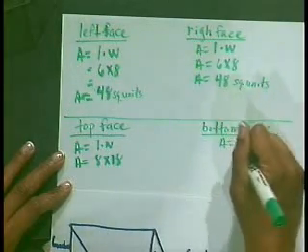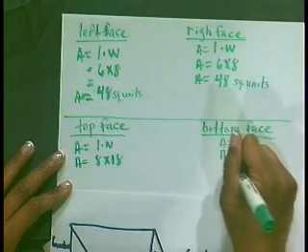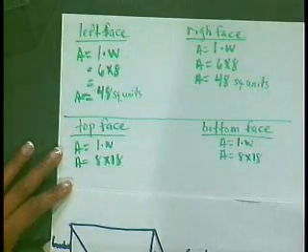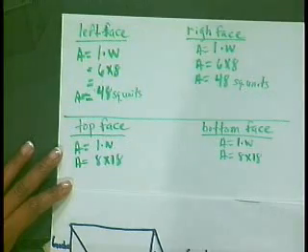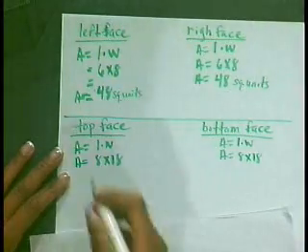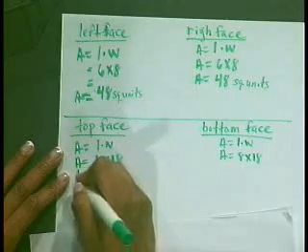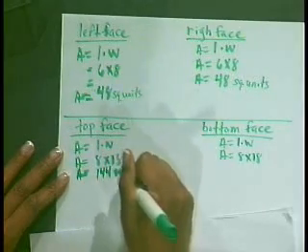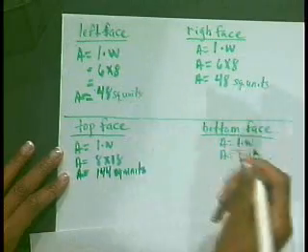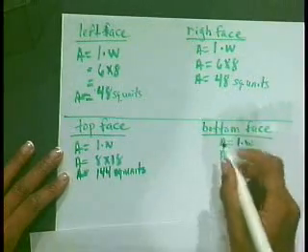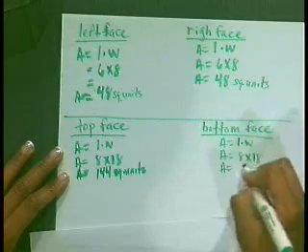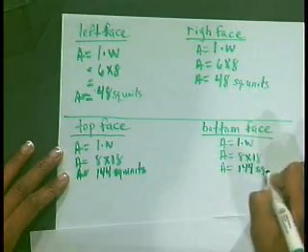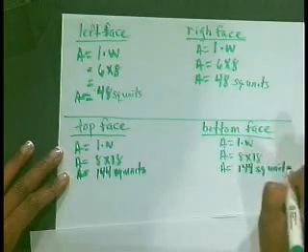Same thing on the bottom because the two faces are congruent. 8 times 18 is 144. So the area on the top and the area on the bottom is equal to 144 square units. That's the area of the top and the bottom, each face.